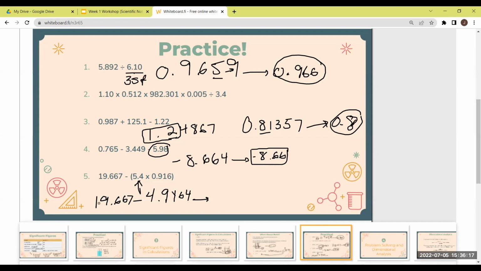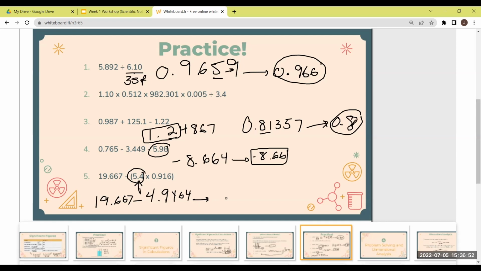This is actually going to be two significant figures, because this multiplication step right here has a total of 2. So we're going to carry out the operation. I'm going to put it in my calculator.